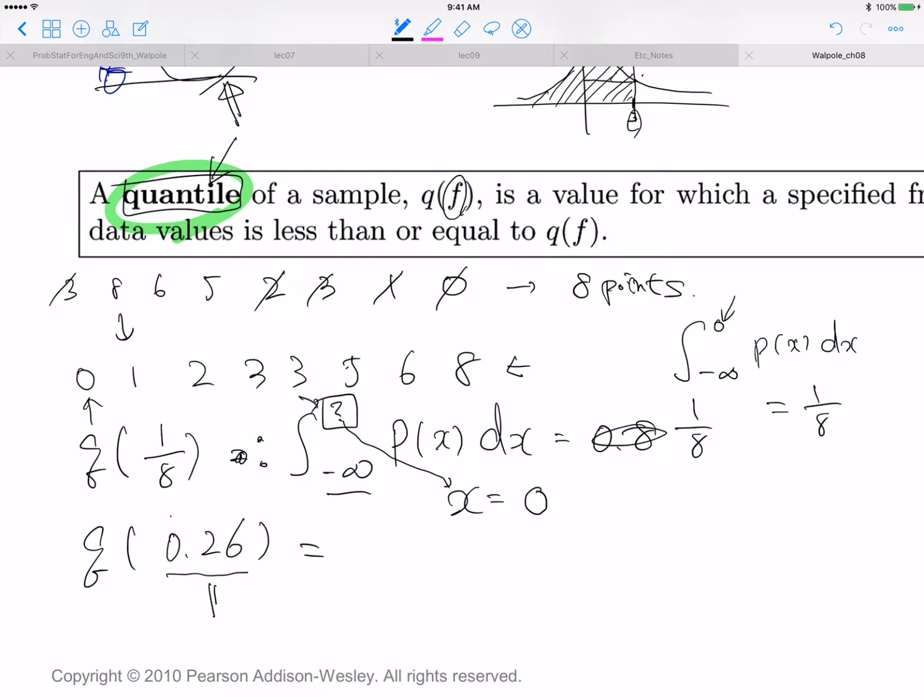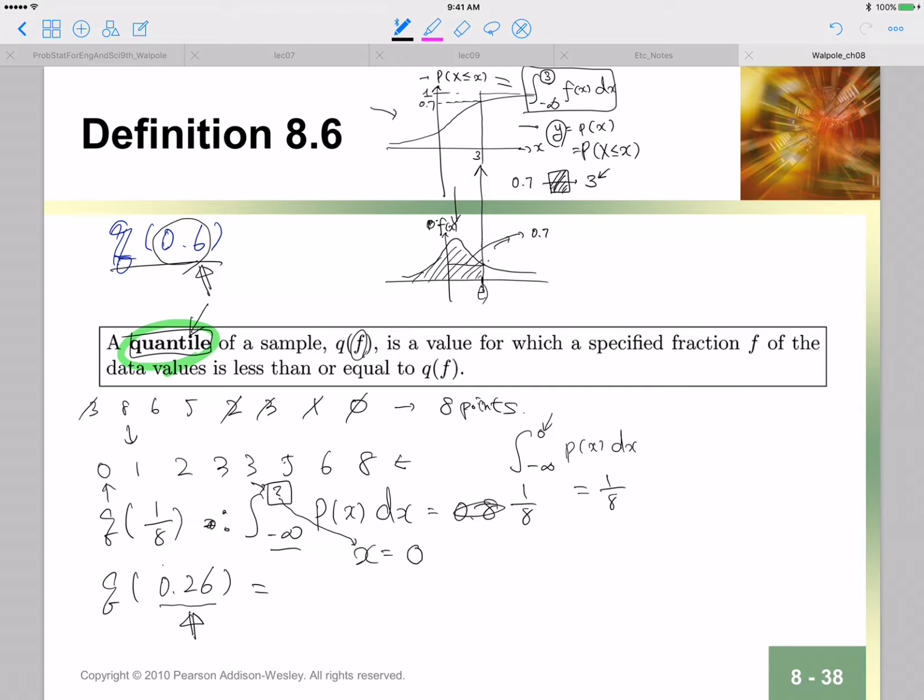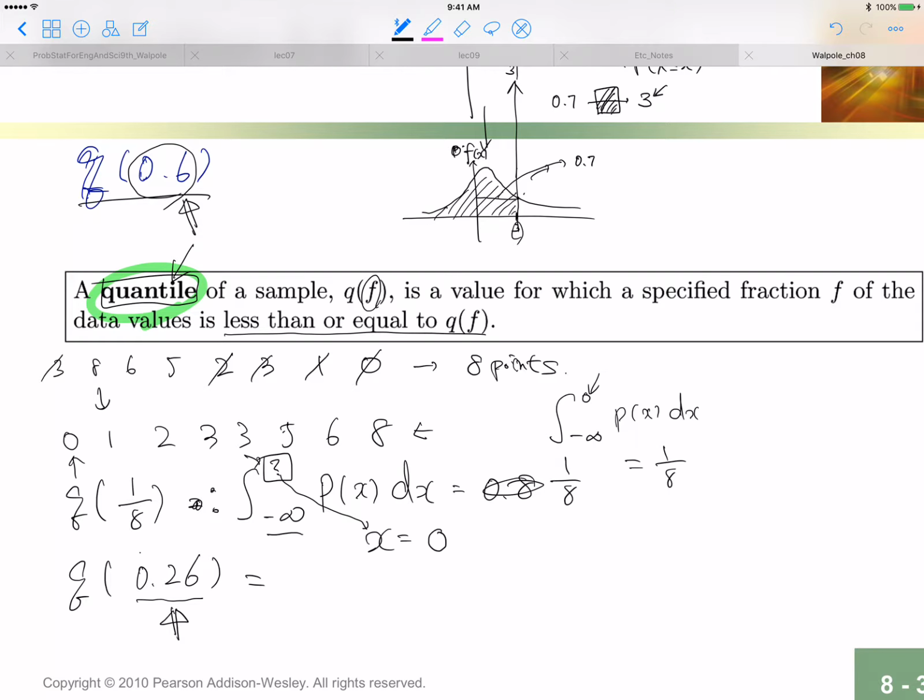But the value used in this quantile function can have any value, and from this definition, the integral from minus infinity to some value of p(x) dx.